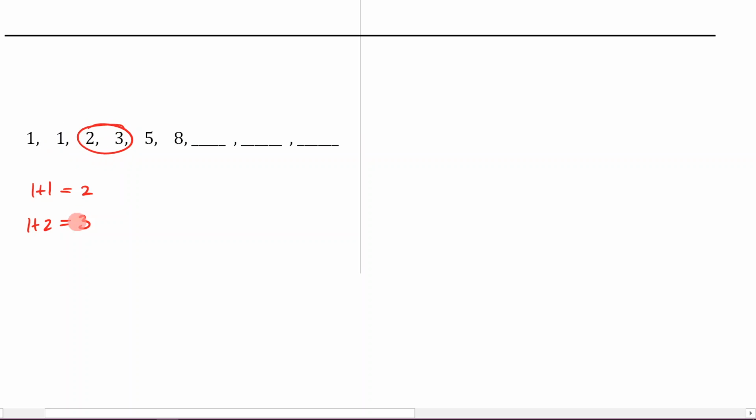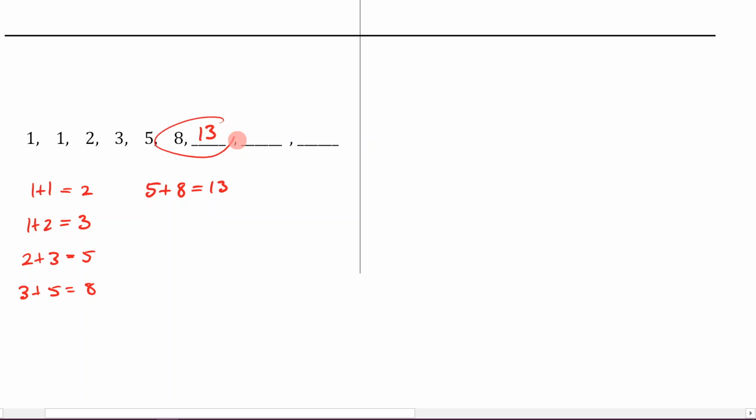Then I could go 2 and 3. 2 + 3 is equal to 5, and that's that term. Then I could go 3 + 5 is equal to 8, which is that term. So now I'm going to go 5 + 8 is equal to 13, which means 13 has to be this term.